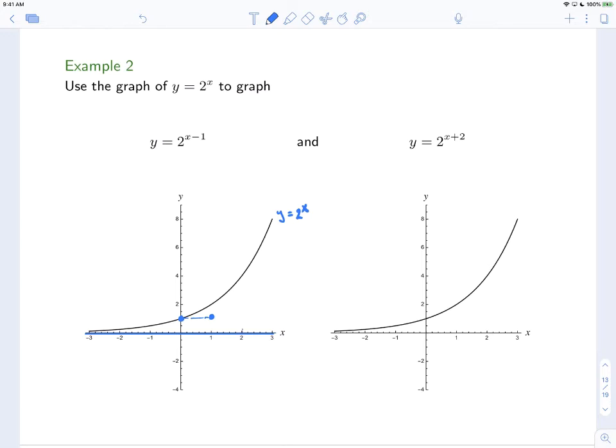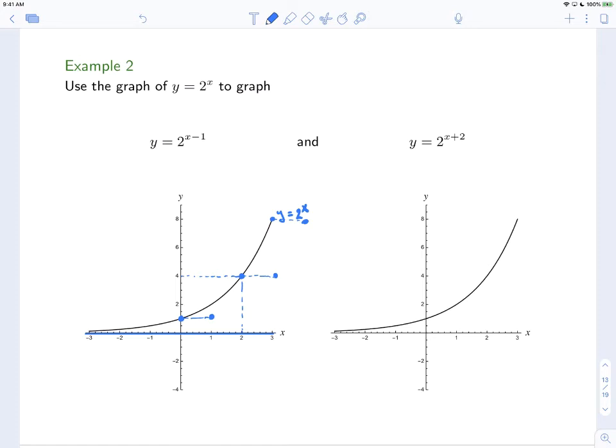What about this point here, 2 to the 4? Excuse me, 2 comma 4. 2 squared is 4. So we're going to shift this one to the right as well. So that's just going to go right over here. And we can just shift one other point. It's going to go to right about here.